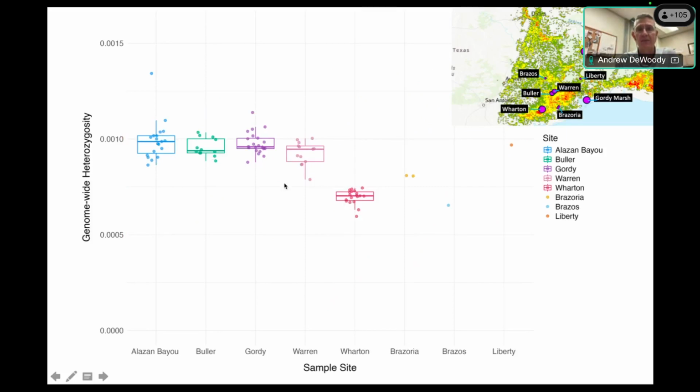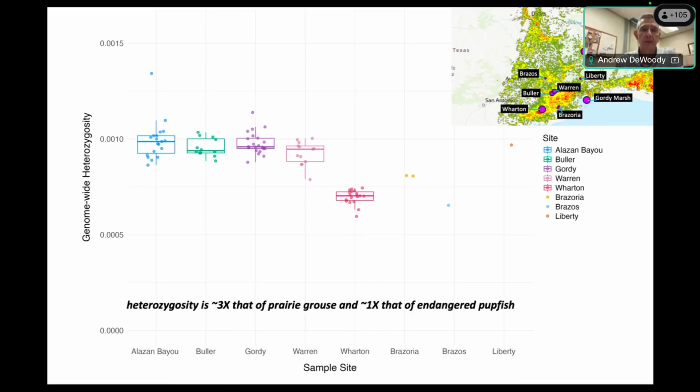And this is consistent with what we saw, all the structure in the phylogenetic tree and in the PCA, because if there was a lot of gene flow between these sites, we would see much more similar levels of genomic diversity among all the sites. Yeah, in this, heterozygosity is about 3 times that of prairie grouse and about the same as the pupfish.